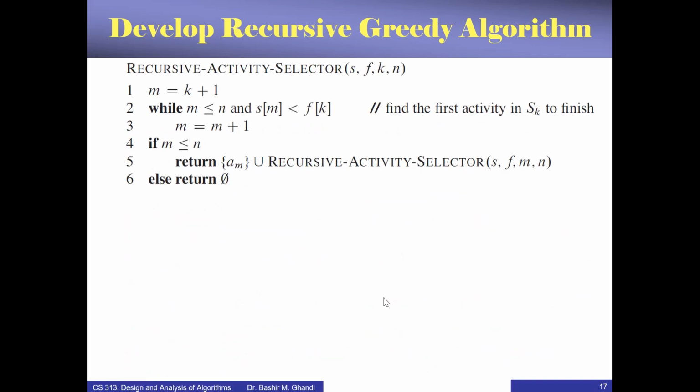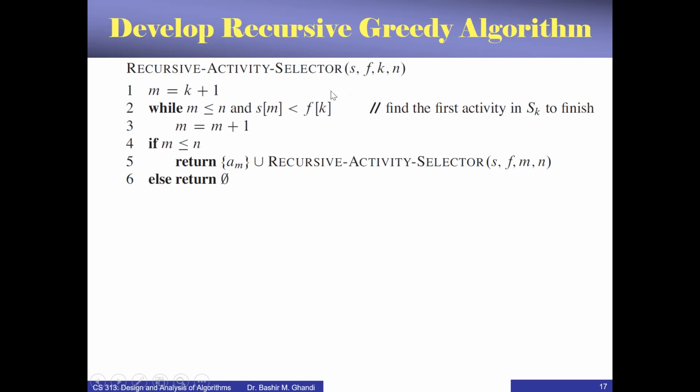Now we're going to show you the recursive algorithm that will solve the original problem based on the greedy choice that we have decided on. This is the recursive procedure. I will explain it in detail.